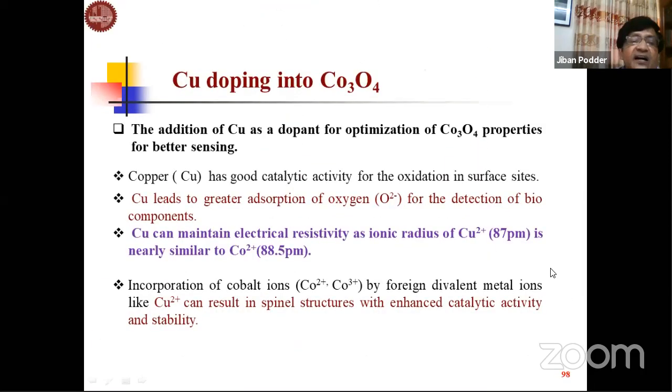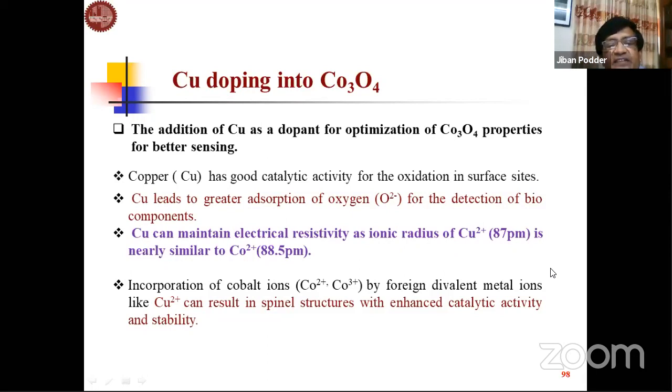So the conclusion is the addition of copper as a dopant for optimization of cobalt oxide for better sensing. Copper has good catalytic activity for oxidation at surface sites. Copper leads to greater absorption of oxygen for the detection of biocomponents. Copper can maintain the electrical resistivity as the ionic radii of copper and cobalt are similar.